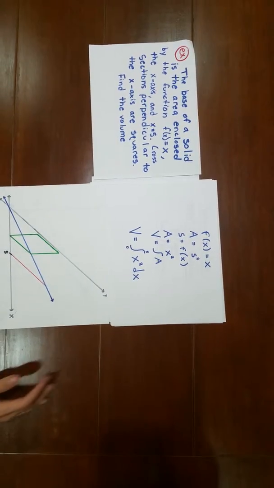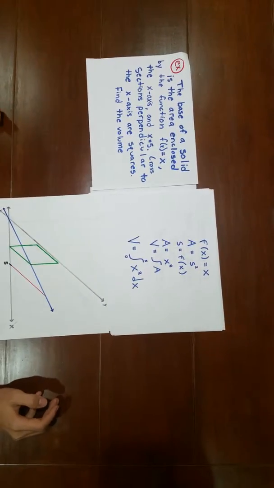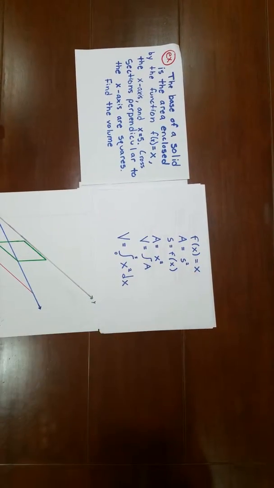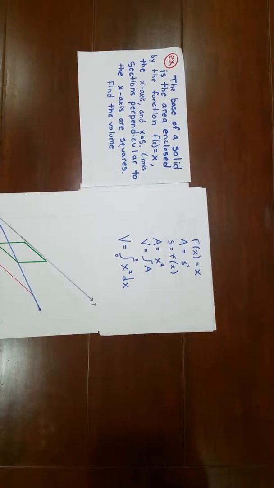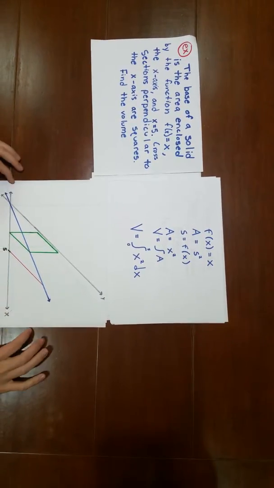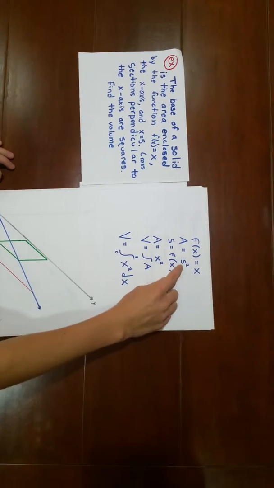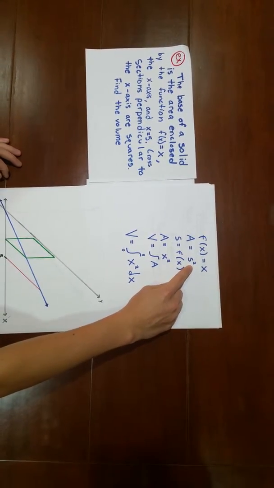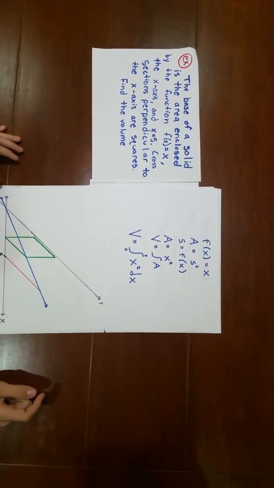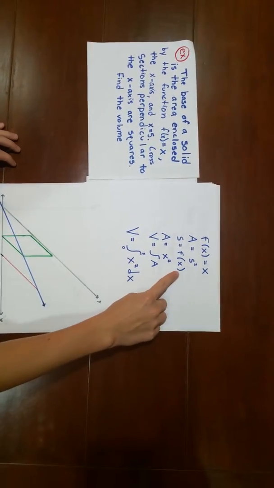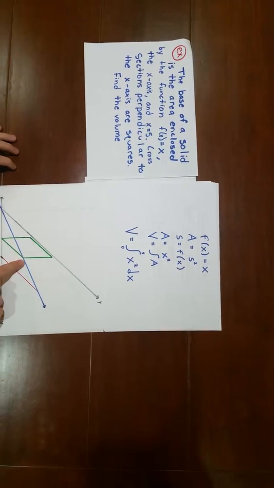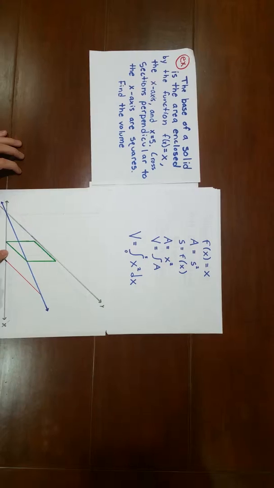So, to represent that using algebra, we have here function f of x is equal to x. That is the length of the side, as I've stated previously. So, we know the equation for the area of a square is the area is equal to one side squared. As we know, the side of the square is the distance from f of x to the x-axis.